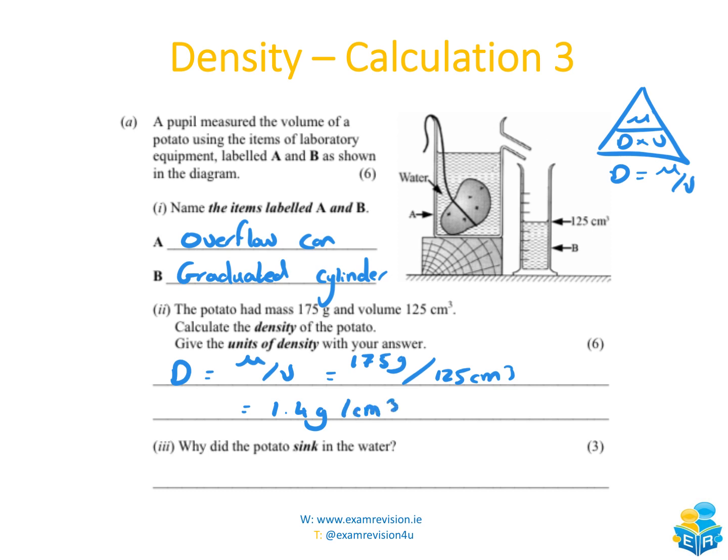Okay, and we made sure to include our units of density there as well to ensure that we're getting full marks. Why did the potato sink in water? This comes back to density. The potato had a greater density than water. Okay, so another exam question finished off there on density.